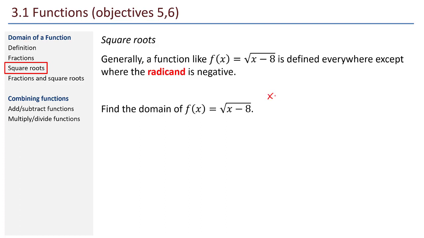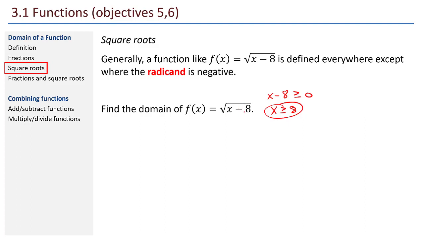It's where x minus 8 has to be greater than or equal to 0. That's not the bad points, that's actually the good points. So if I add 8 to both sides, x is greater than or equal to 8. Oh, so that's actually my domain. It's the set of all x values where x is greater than or equal to 8.